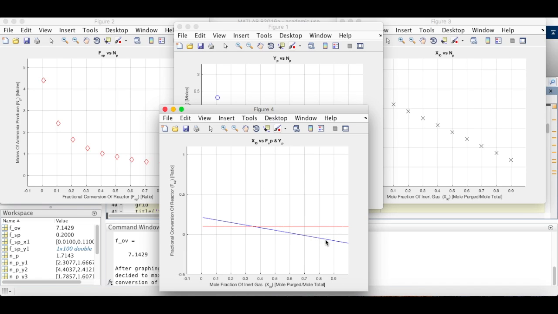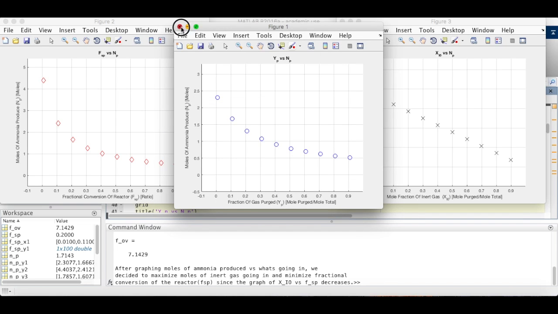The blue one is the FSP, and the red one is the YP. And where they meet is where you maximize the amount of ammonia produced. And so X initial naught is what we chose to maximize.